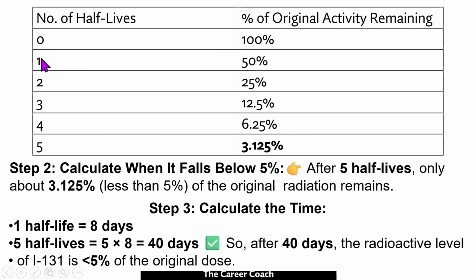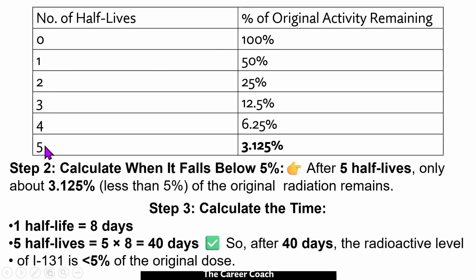At the first half-life, it will divide to 50% because that's half of 100. At the second half-life, 25, which is half of 50. By the third half-life, it goes to 12.5%, which is half of 25. At the fourth half-life, it gets to 6.25%, which is half of 12.5.